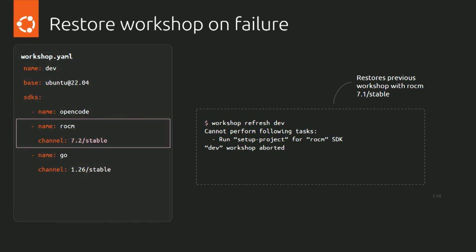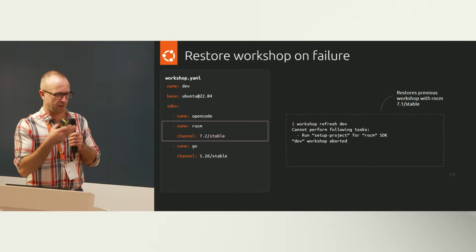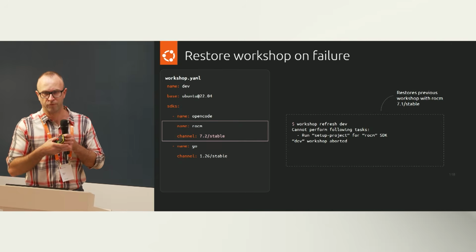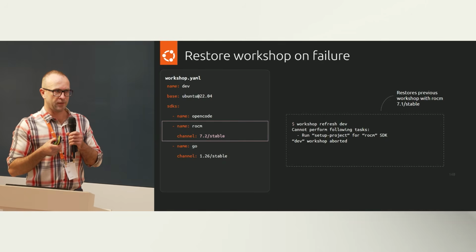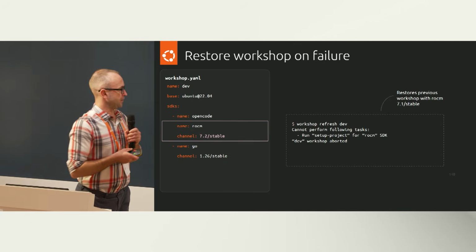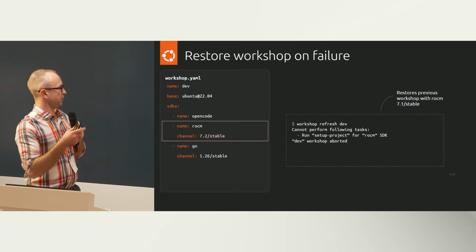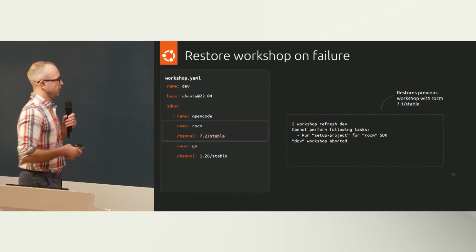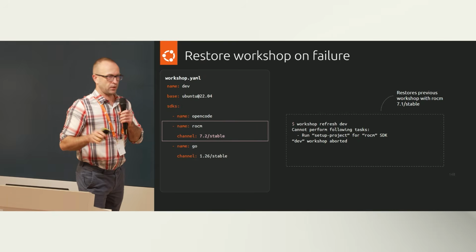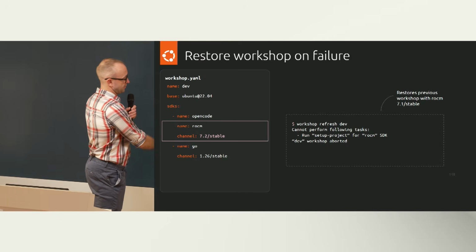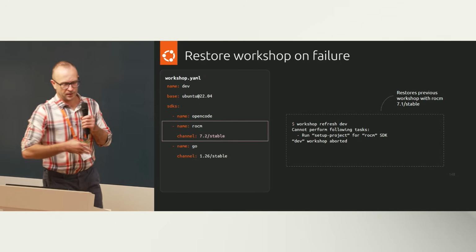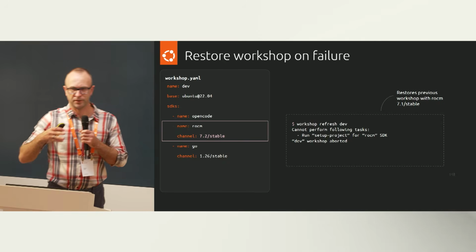The way we look at that with workshop is we need to have two different modes for every command. So first is the transactional mode, and you can see that here on the screen. So for example, if you updated your workshop definition, what refresh tries to do in a nutshell is take this updated definition and match the running container to that definition.